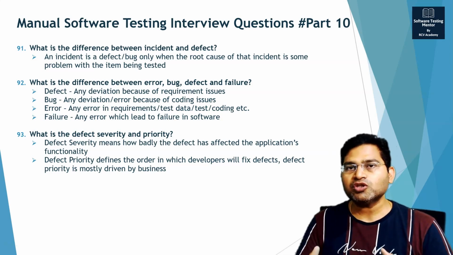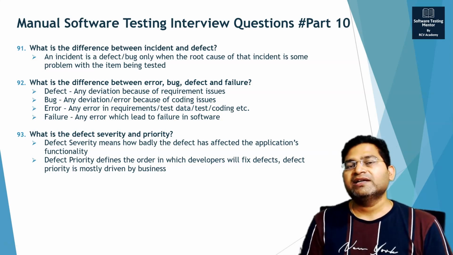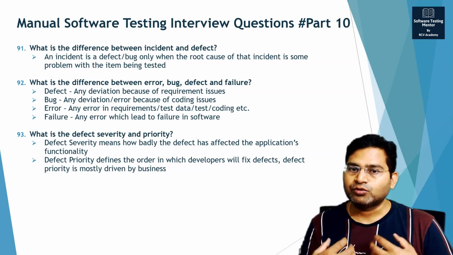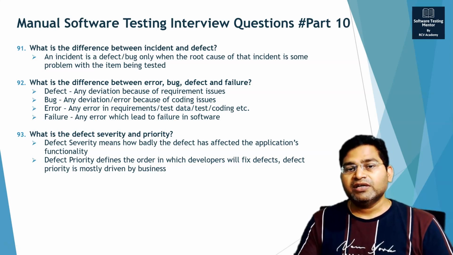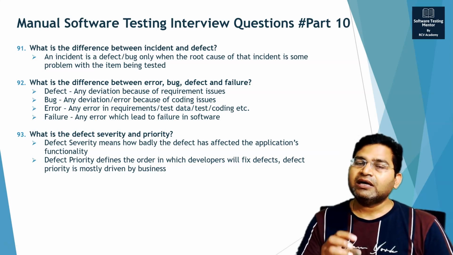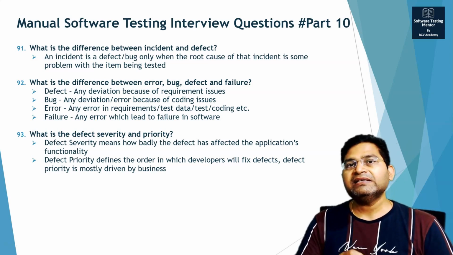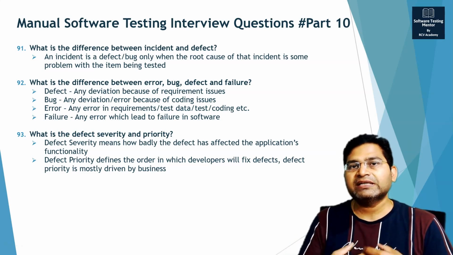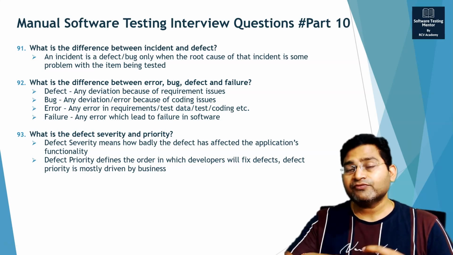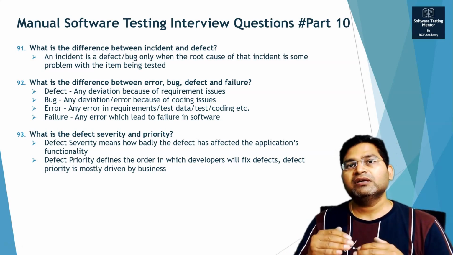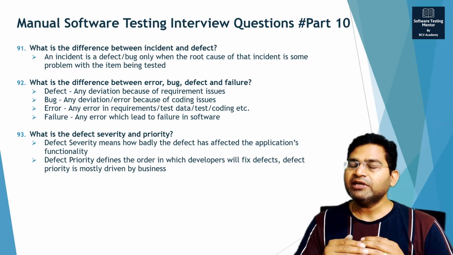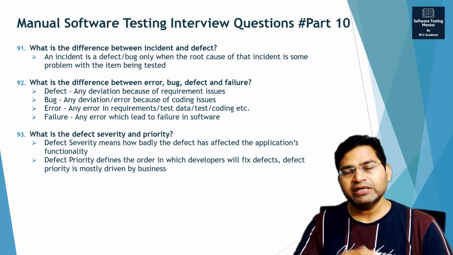All of that is not possible because the cart itself is not getting populated. So this defect is very severe because it is impacting a core functionality that is blocking other key functionalities of the application and blocking the tester from testing other critical functionalities. So obviously this defect's severity will be really high, the highest, or even critical.